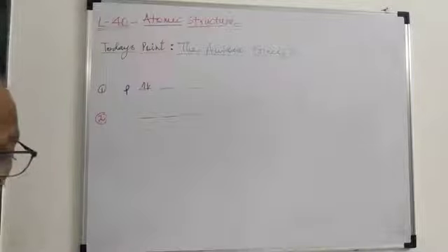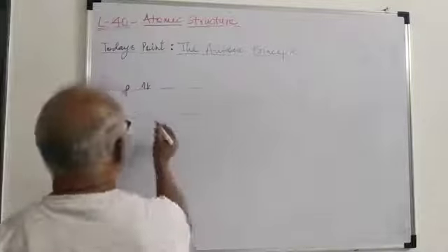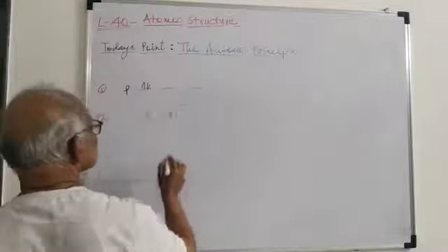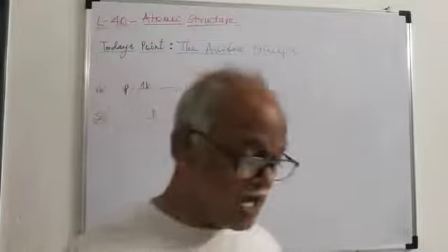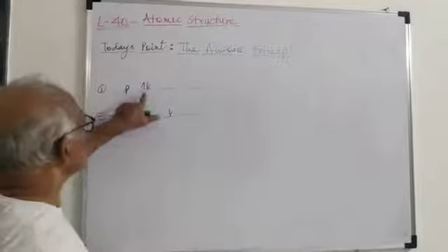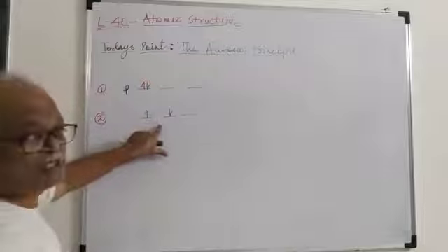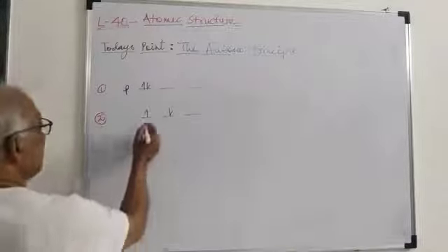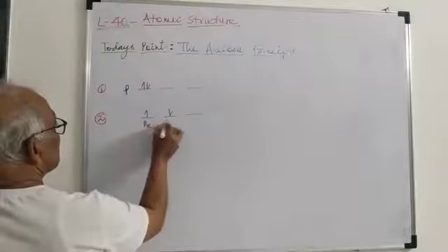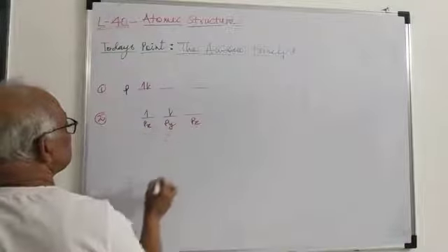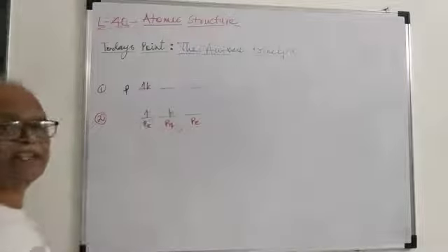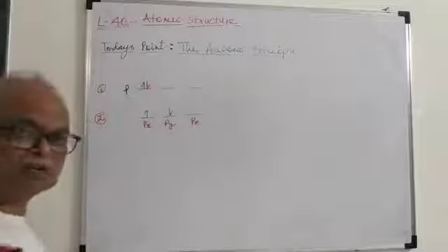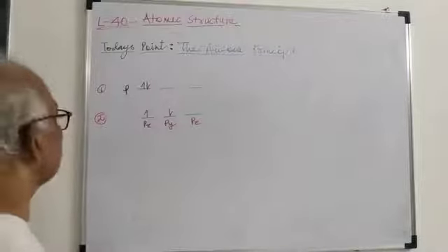Here the 2 electrons are placed with opposite spin states, but in different atomic orbitals, and we know that this is px, this is py, and this is pz. In the first case, the 2 electrons are placed in the same atomic orbital.